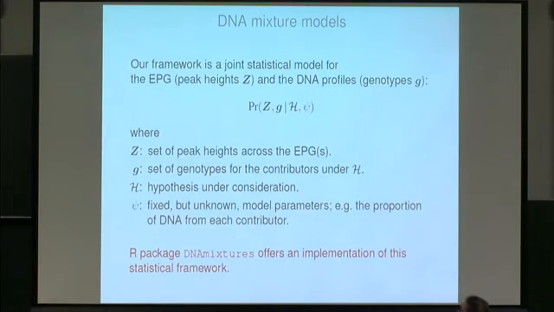And the probabilistic genotype system that I have made, DNAmixtures, the R package, is simply an implementation of this statistical model for a particular peak height model.